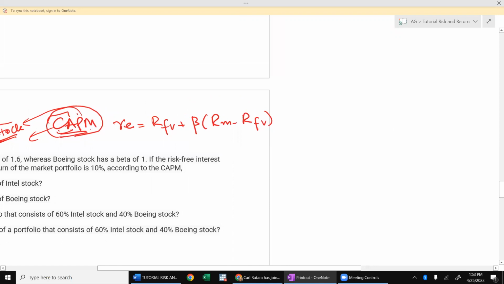Can anyone tell me why we call it the capital asset pricing model, since we are calculating return, not price? Anyone? You can make a guess, no problem. I will help you. That's why I'm asking this question.